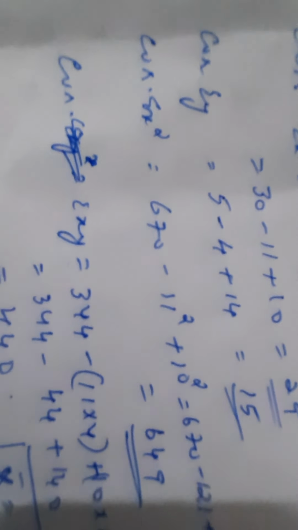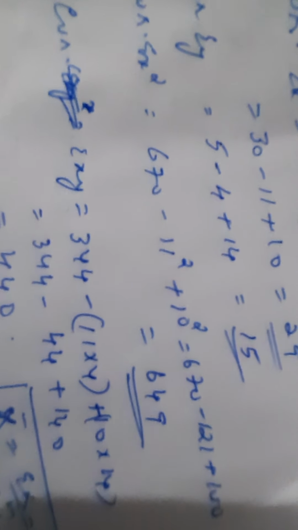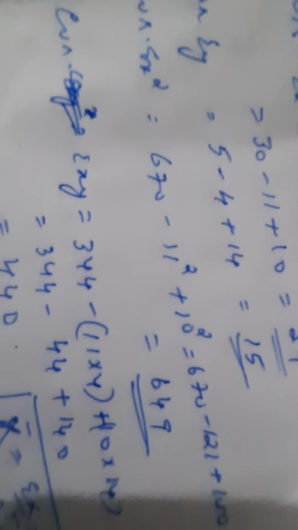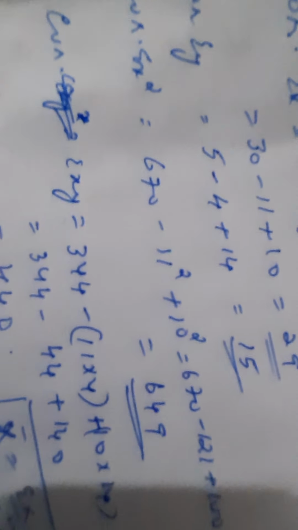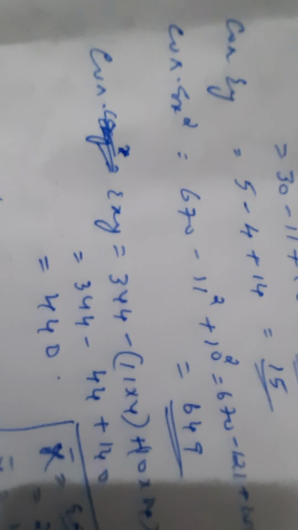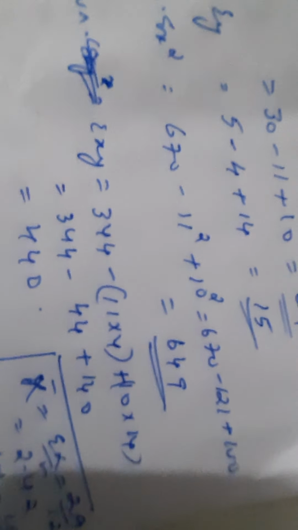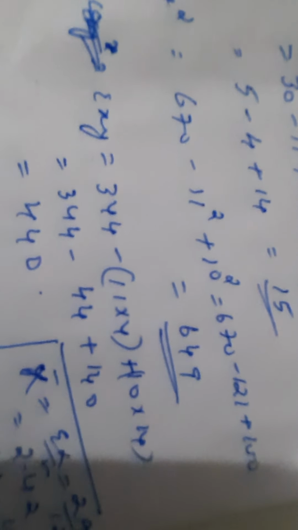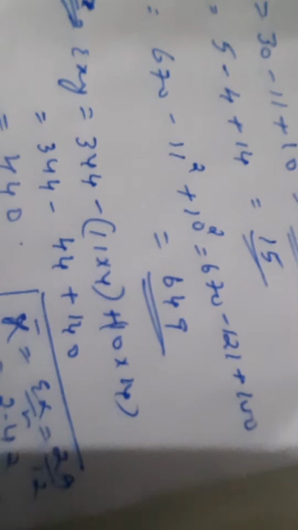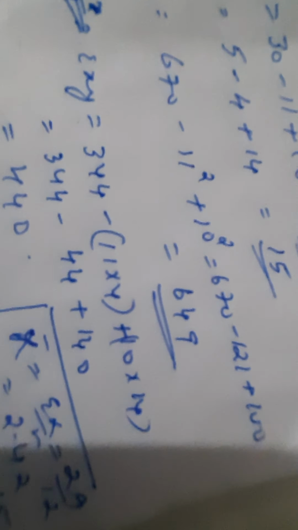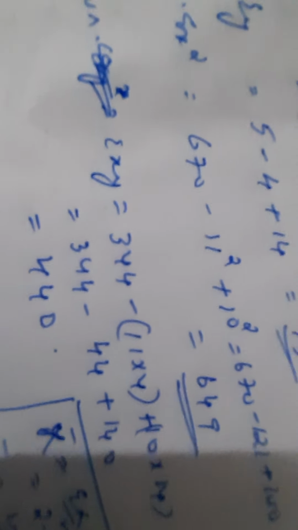And correct sigma x square is wrong sigma x square minus the wrong square of the item plus the correct value of the item, meaning square value. So 670 minus 11 square plus 10 square, it is 649. Similarly, sigma xy: 344 minus the wrong pair of items 11 into 4 product plus the correct item 10 into 14. So those two are adjusted, and finally sigma xy is 440.